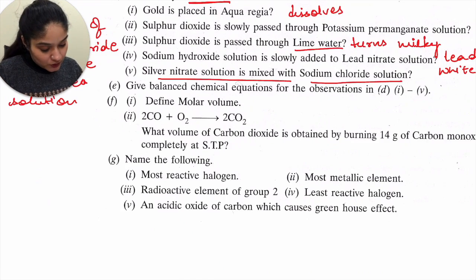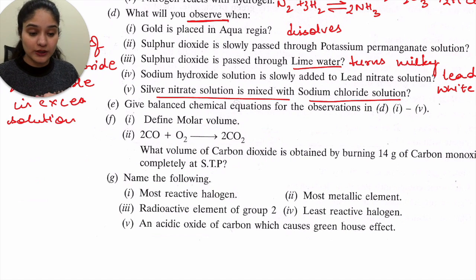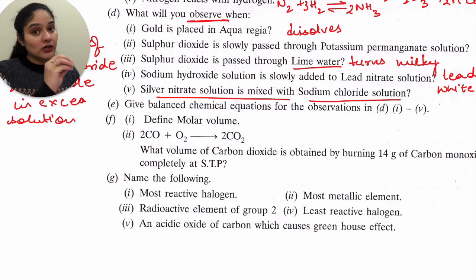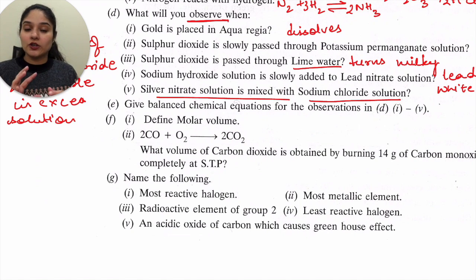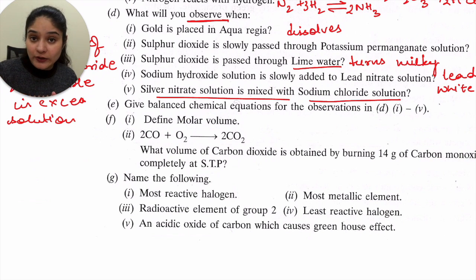Okay. So the first one is gold is placed in aqua regia. Now what is aqua regia? It is a combination of concentrated HCl and nitric acid in the ratio of 3:1. When these two components combine, or let's say when you combine 3 parts of HCl with 1 part of HNO3, they give you nascent chlorine.